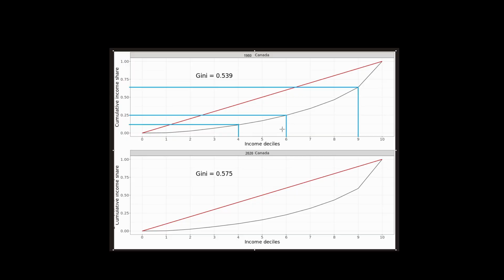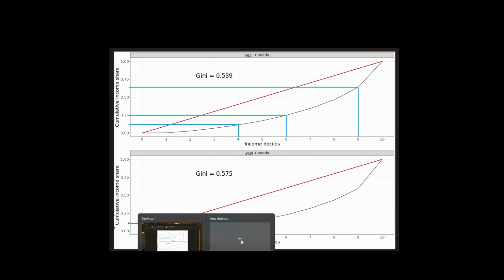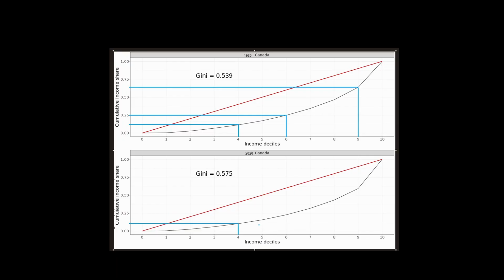Let's compare similar data points. So, the bottom 40% of income earners in 2020 are now earning less than 12% of the income. My apologies. So, the bottom 40% of the population earning less than 12% of the income.